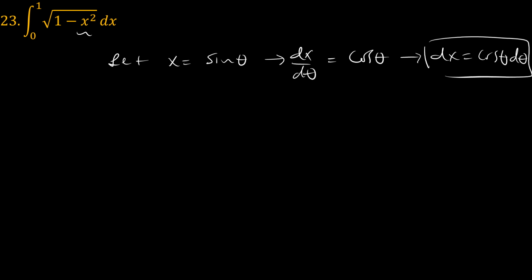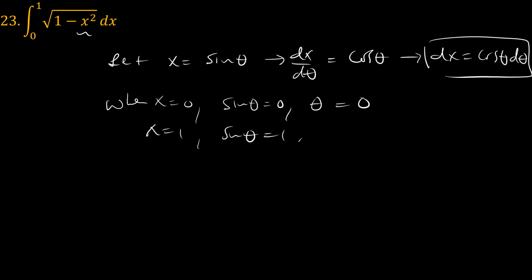And so when x equals 0, sine theta equals 0, and so theta is 0, and when x equals 1, sine theta equals 1, and so theta equals pi over 2.